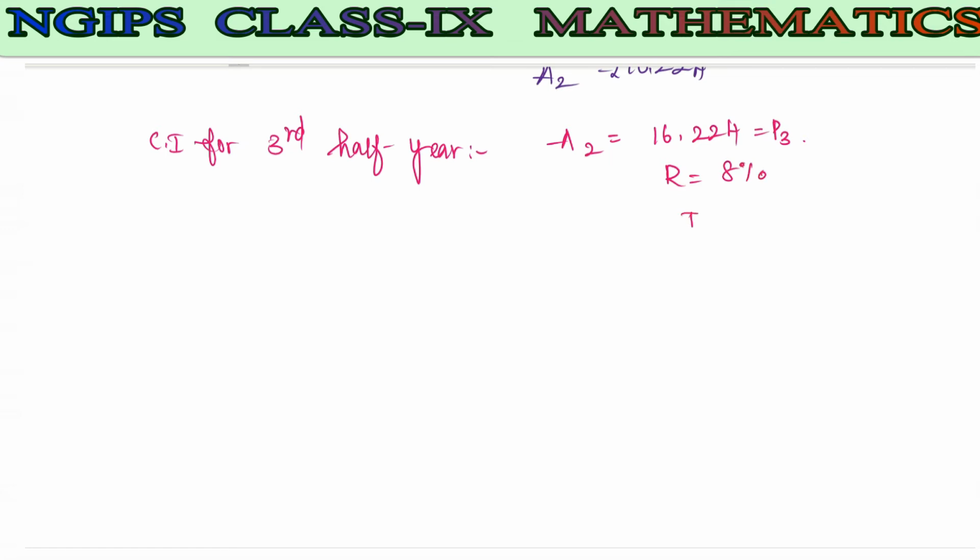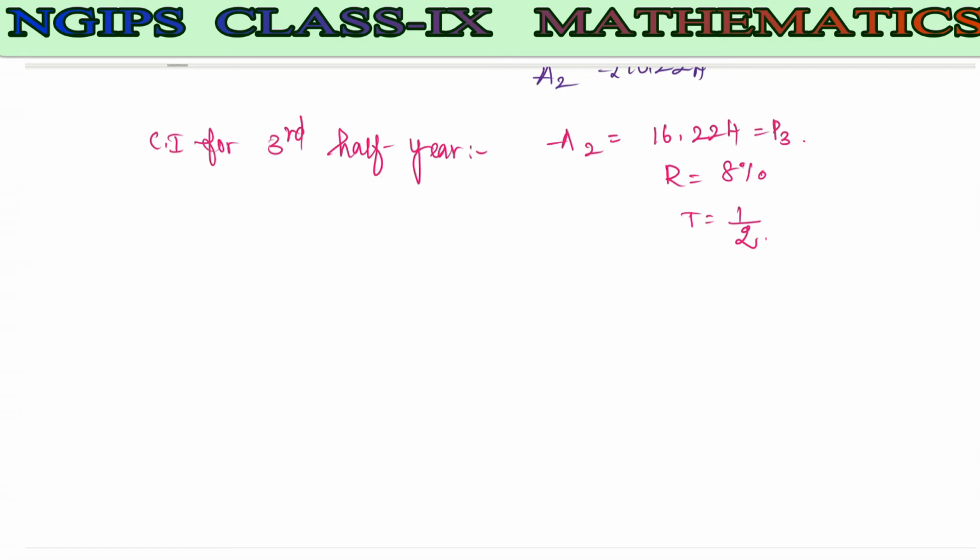Time, again I am telling, we are going to calculate for half years, so time is equal to 1 by 2. Usually we will write 1, but you keep in your mind, here we have to check whether they have given compounded yearly or compounded half yearly. In this question it is compounded half yearly, so I will take the time as 1 by 2.